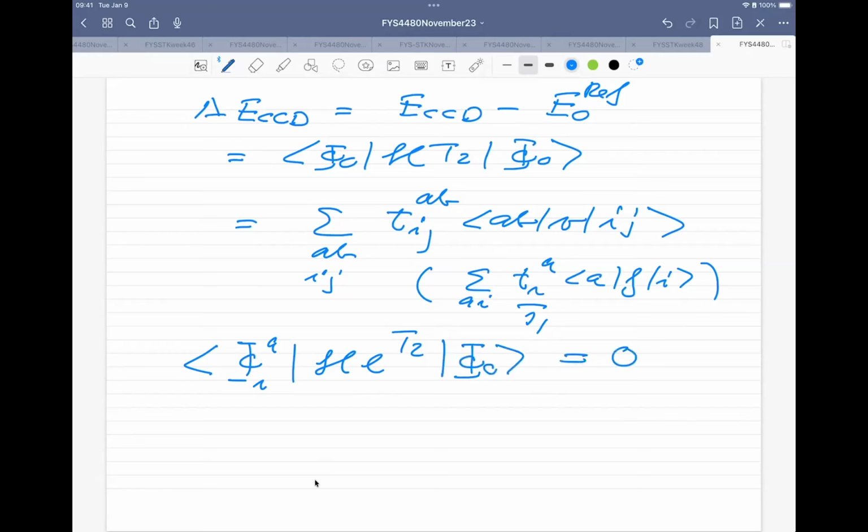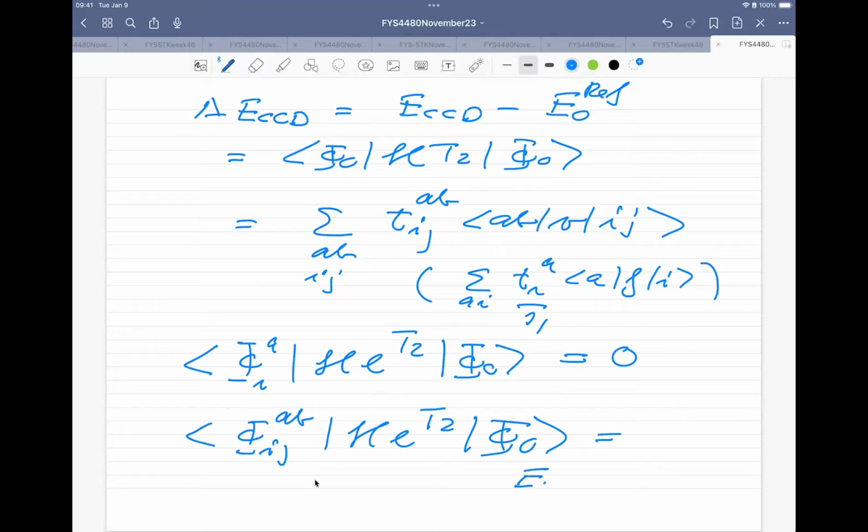The term which becomes interesting for us is the one which we looked at last time, which is ijab, and then we have H of e^T2 of phi 0, and we want that one to be driven to 0. But in our case, what we have now is obviously an E_CCD, and then we have a term here, phi_ij^AB, and then we have e^T2 times phi 0.